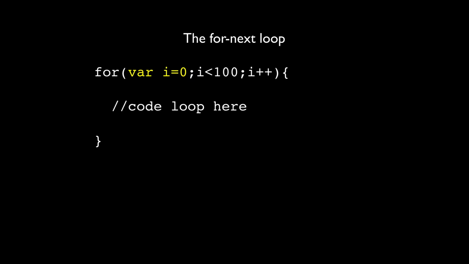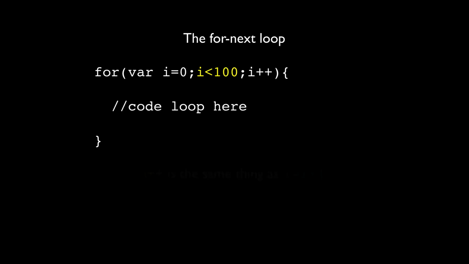The second part is the condition that the for loop is looking for as it tries to complete. In this case, the completion condition is I is less than 100. So it's going to check to see if the condition is true, and as long as it is, it's going to keep running.